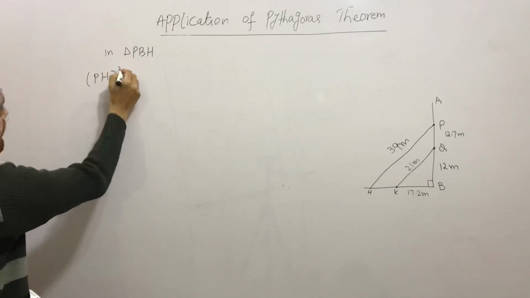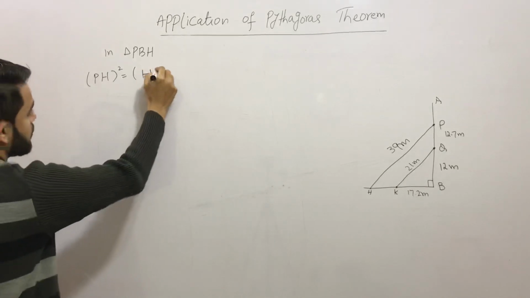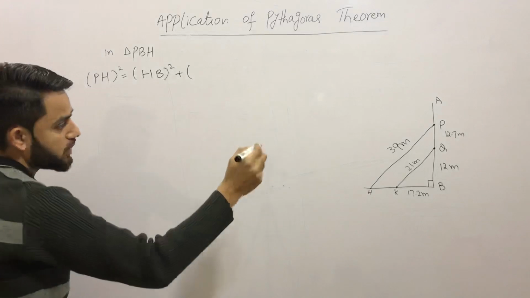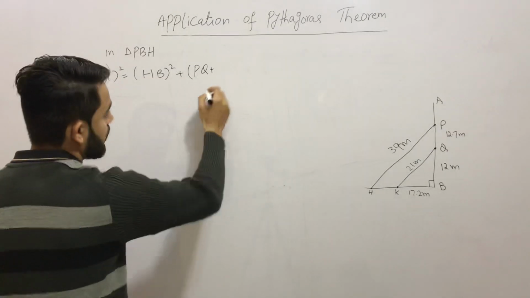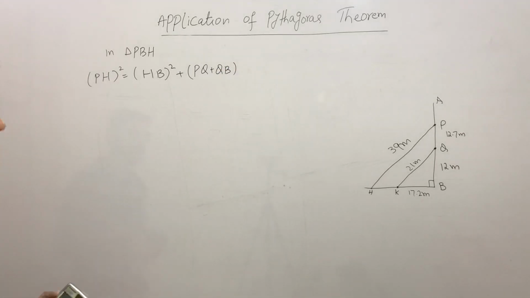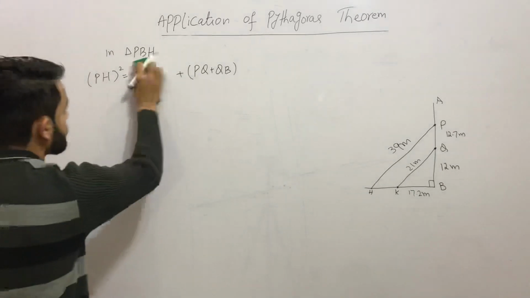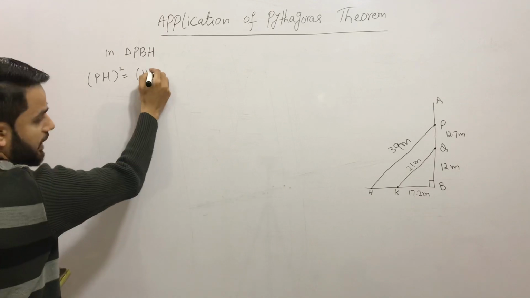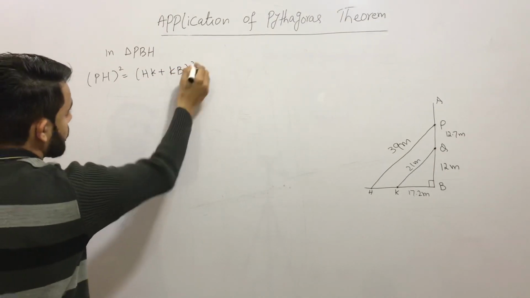PH square is equal to HB, which is your base, plus your height, which is PQ plus QB. I missed one thing. It would be much better if we write HB as HK plus KB, so that the student can understand very easily.